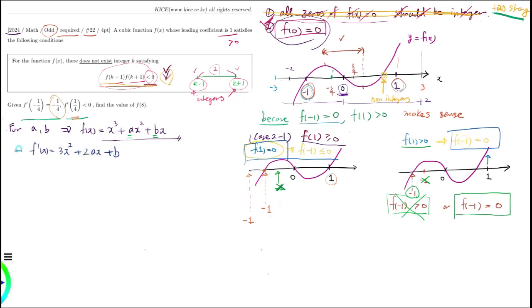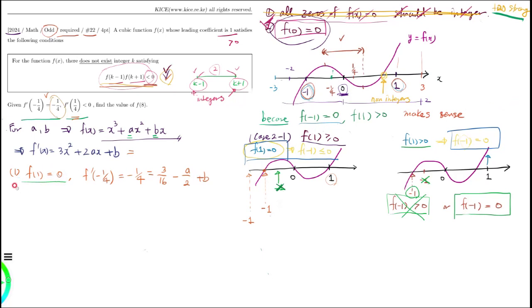Okay, and then for the case where f of 1 is 0 and f prime of negative 1/4 is negative 1/4, we have here, first we have 3/16 minus a/2 plus b here.